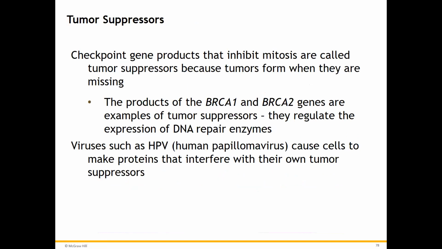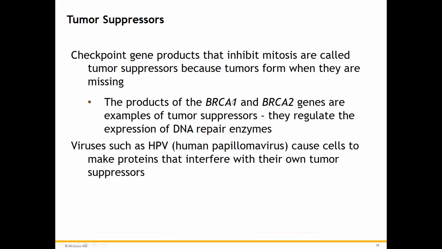The tumor suppressor genes are just the opposite. They inhibit mitosis. If you have a tumor that's forming, it tends to be a result of the tumor suppressor gene not responding to what's gone wrong. The products of these two genes, BRCA1 and BRCA2, are the breast cancer genes.